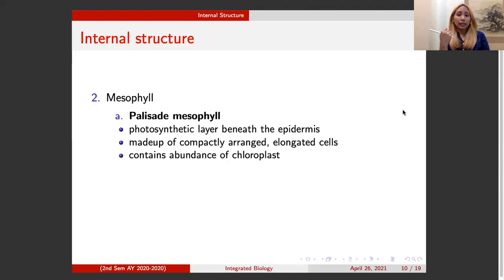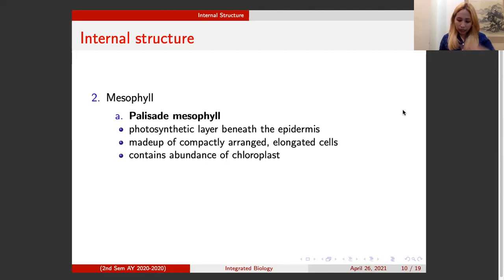If it has a bilayer of palisade, then you will notice it is arranged beneath the upper epidermis and before the lower epidermis. And it sandwiches the second kind of mesophyll, which is the spongy mesophyll.